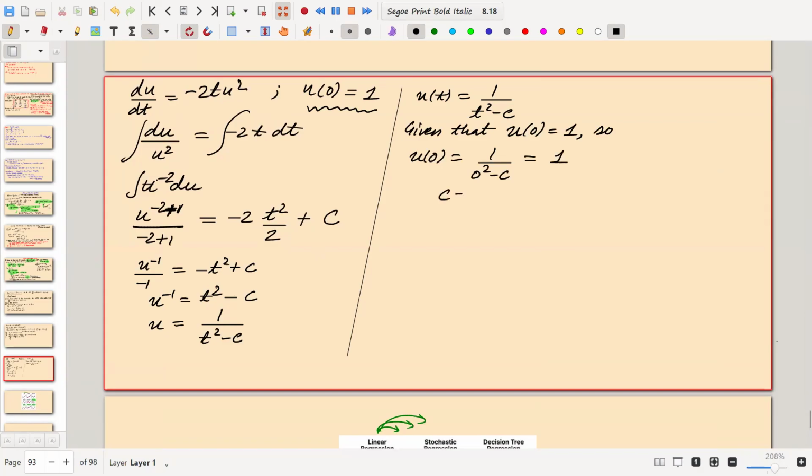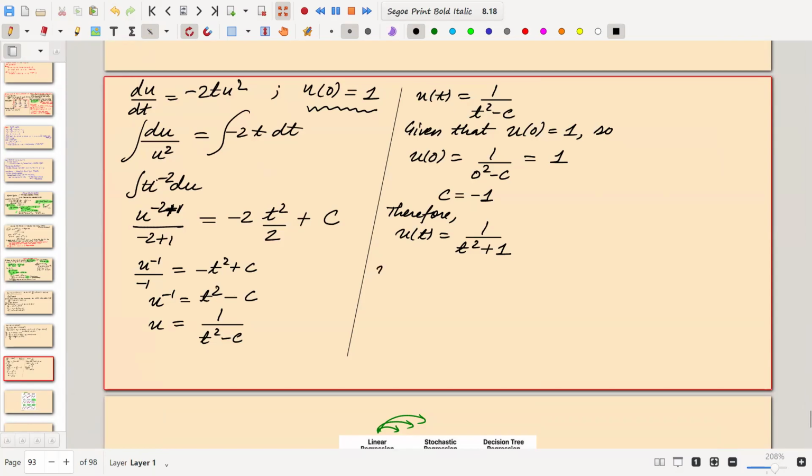So you will get c equal to minus 1. Therefore the full solution is u of t equal to 1 by t square plus 1.